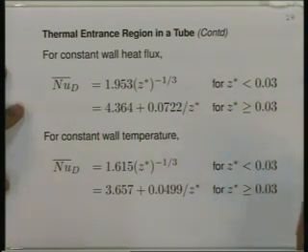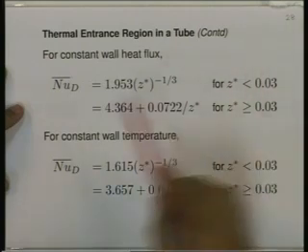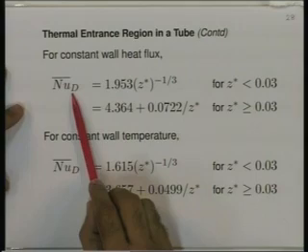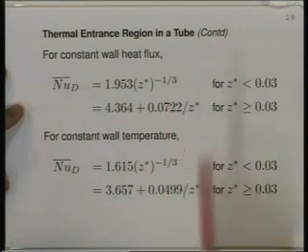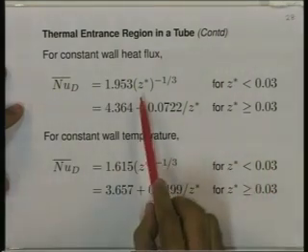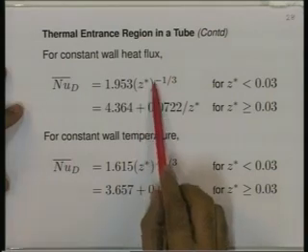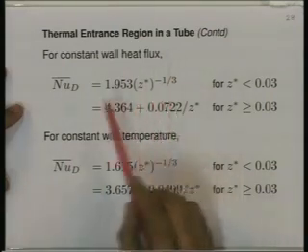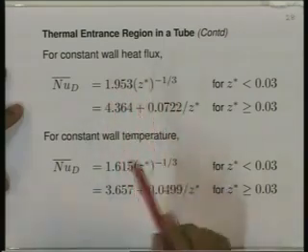But you should notice the following. The average Nusselt number based on diameter over the length Z from the beginning of thermal entry to some location Z is a function only of Z star, which is Z divided by D divided by Reynolds number into Prandtl number.